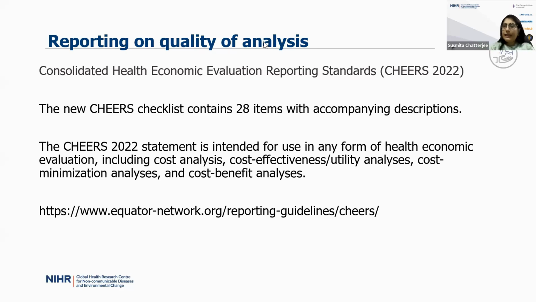As soon as you try to report it in a good journal, they will look at whether you have all the information required for reporting your result. This is called CHEERS, which is Consolidated Health Economic Evaluation Reporting Standards. You have to go through this CHEERS checklist, and you have to ensure that each of the checklist items is ticked and properly placed in your report or paper.